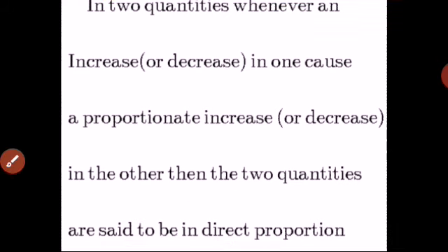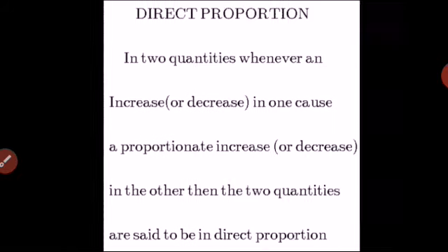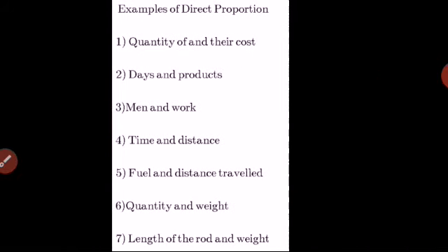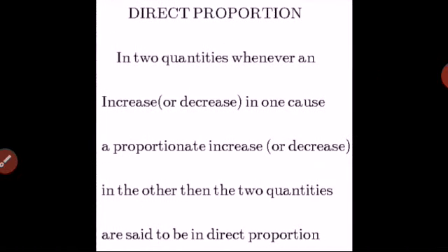There are 2 quantities. In the last example, for 5 pens 60 rupees, for 8 pens 96 rupees. If the number of pens is increased, then the amount will also be increased proportionately. This is called direct proportion.